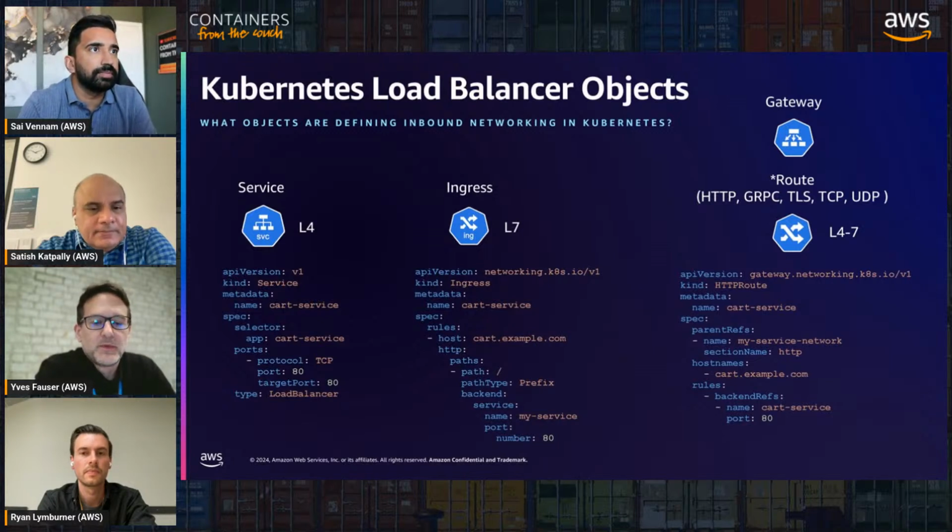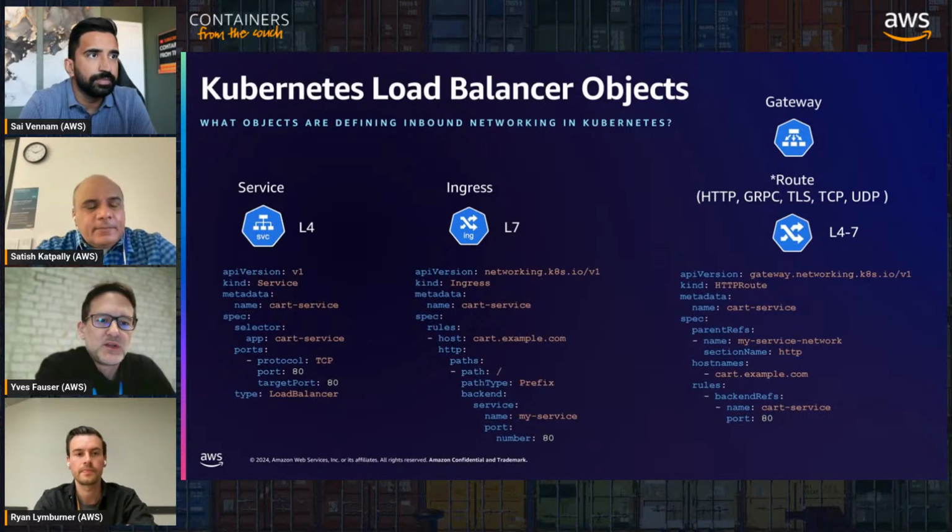And then implementers like us had to put tons of annotations onto these objects to make it work in our environment. So if you look at the service definition here, no one would have such a service definition with load balancer. You would have at least 5 or 6 additional annotations that control how things are done on an AWS NLB or CLB.